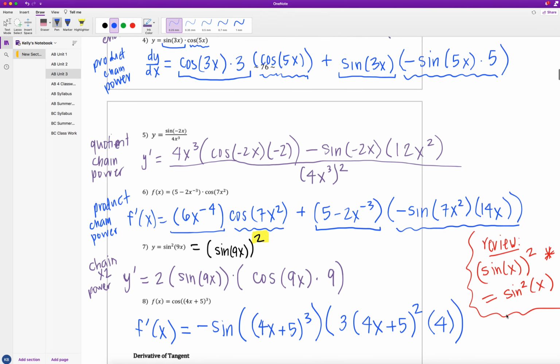So we've got to be very careful with what our outermost function is every time we're taking a chain rule. In this case, cosine is the outermost function since that cube is inside these parentheses. The cube power is inside that, so cosine is our outermost function.